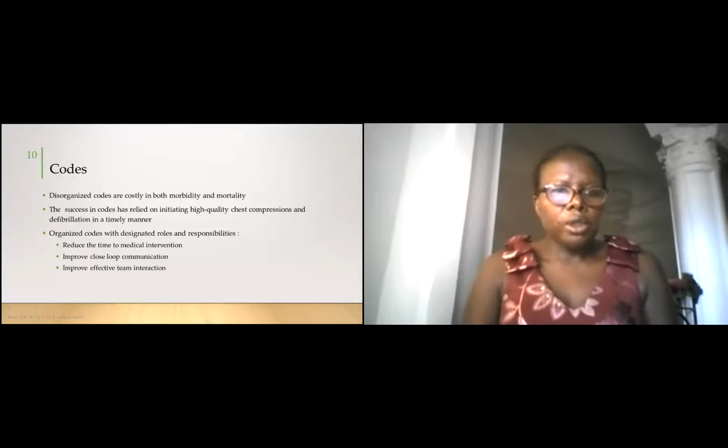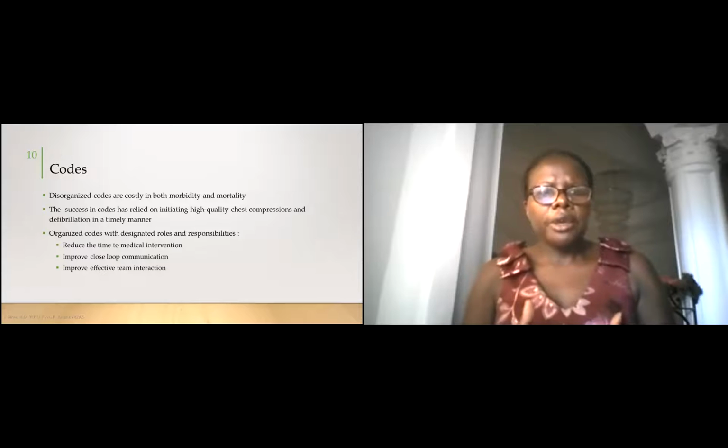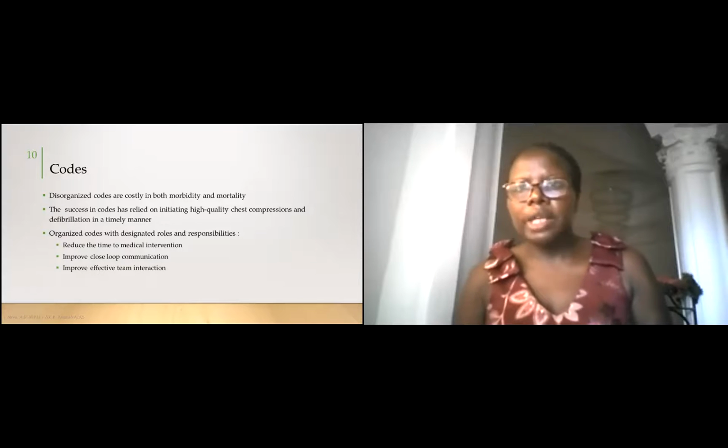And also, some of the things which we've realized is that when we have an organized code with clearly defined roles and responsibility, we have a reduction in the time to medical intervention.